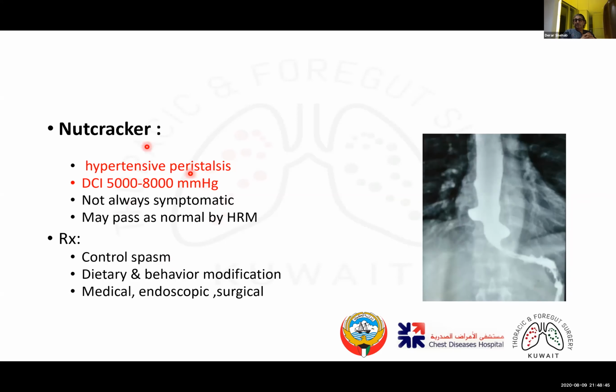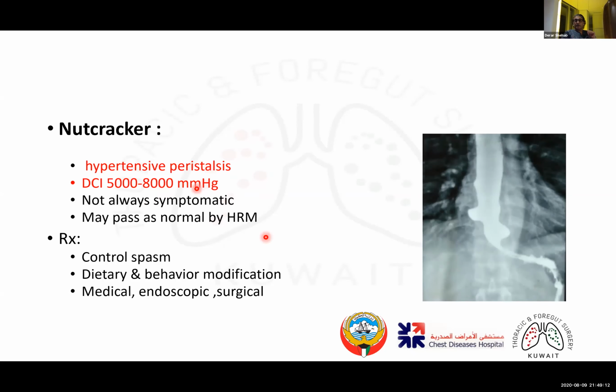The other esophageal motility disorder is called nutcracker. Nutcracker esophagus is hypertensive peristalsis, but the DCI here, which is the power of contraction, is between 5,000 and 8,000 mercury. Those patients are not always symptomatic. In fact, those patients may be passed as normal if you read the high resolution manometry.